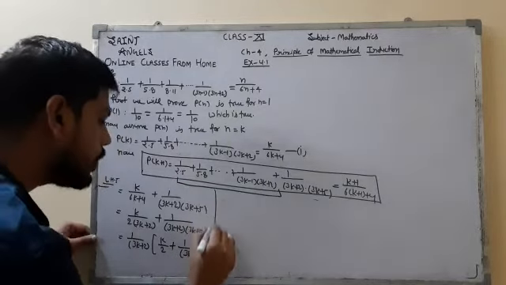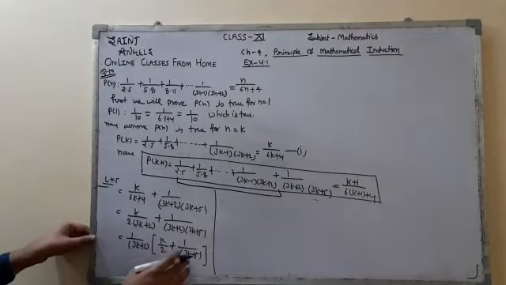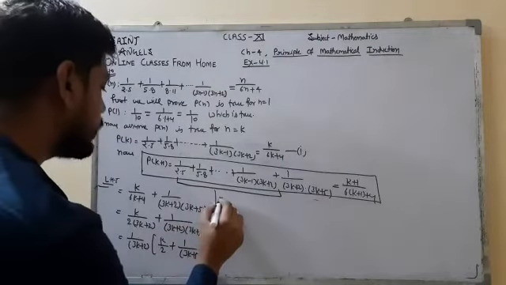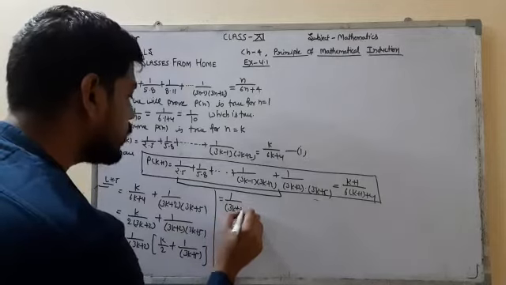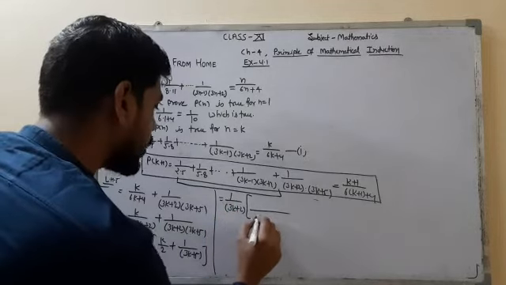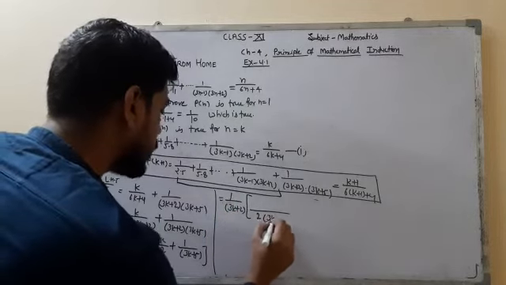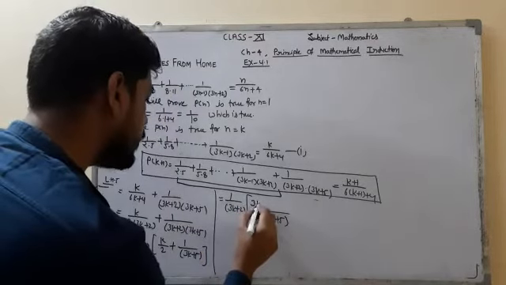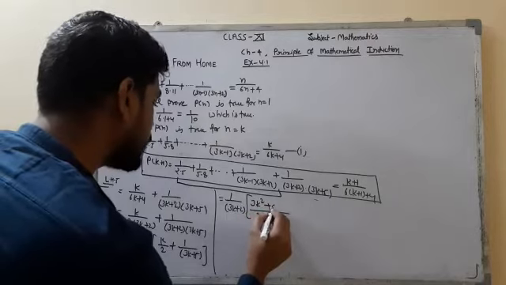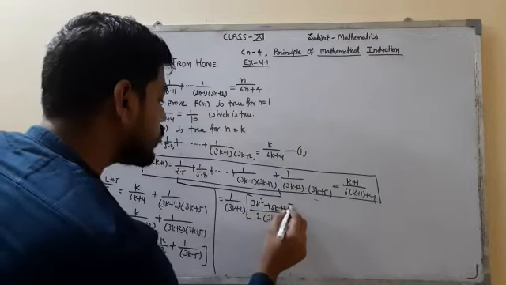Okay, so from here I will take 2 into 3k plus 5 as LCM. So it will become 1 upon 3k plus 2, and the LCM would be 3k plus 5 into 2. So here it becomes 3k square plus 5k plus 2.